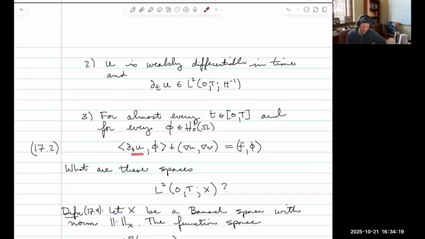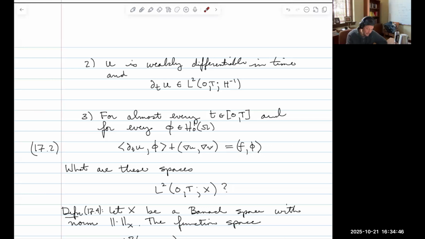So it can only be combined with objects from the Hilbert space through the duality pairing. And so that's why we use a dual pairing for that. Plus, this is the diffusion term that we gain by doing integration by parts, gradient u, gradient v, equals the L2 inner product of phi with f.